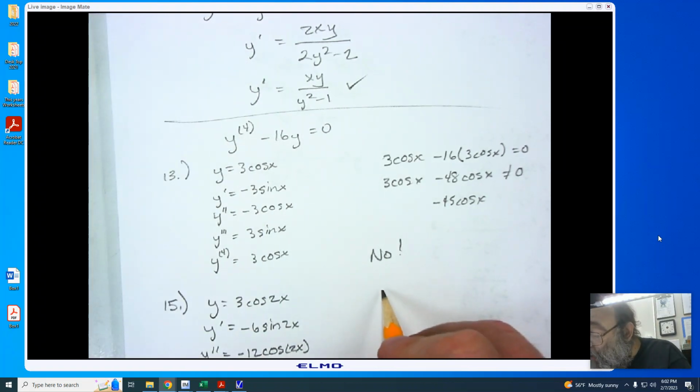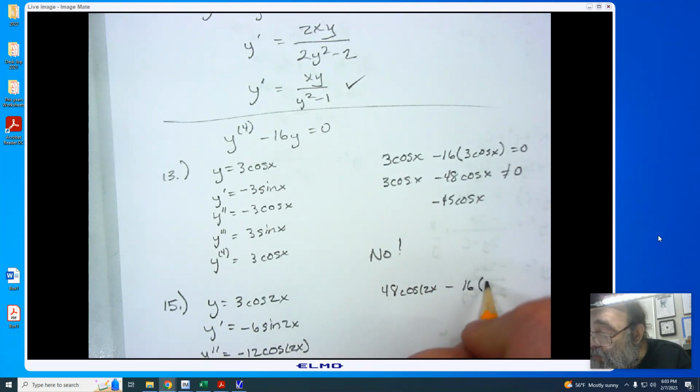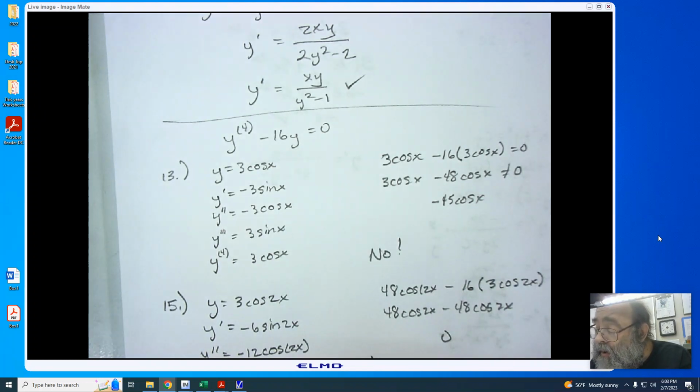Putting this into my formula, I get 48 cosine of 2x minus 16 times 3 cosine 2x. Now you'll notice I end up with a 48 cosine 2x minus 48 cosine 2x, and this does indeed equal 0, and so the answer is yes.